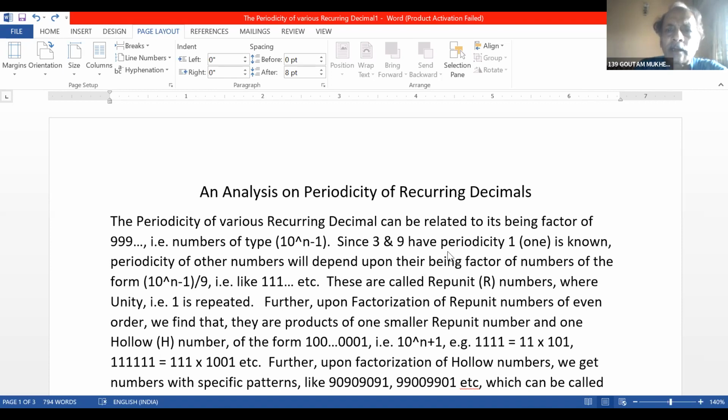Since 3 and 9 have periodicity 1, because they are the factors of 9 itself, the periodicity of other numbers will depend upon the factors of this form, 10 to the power n minus 1 divided by 9, that is 1, 11, 111.